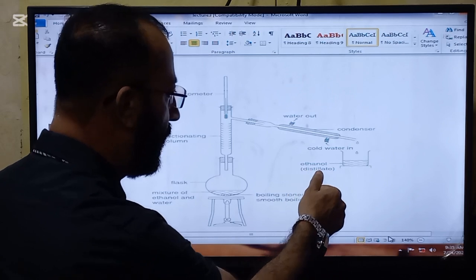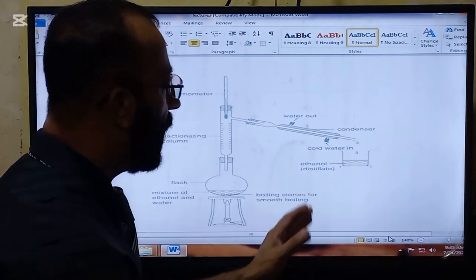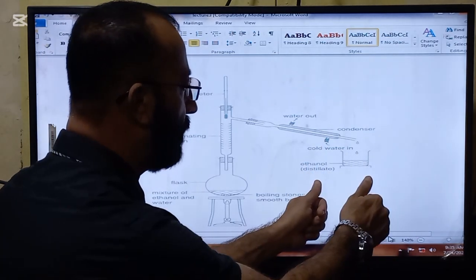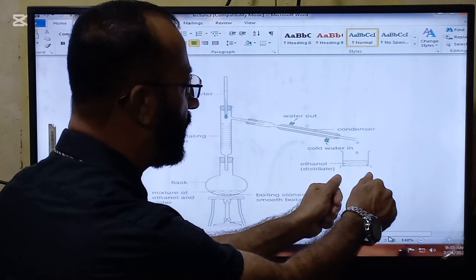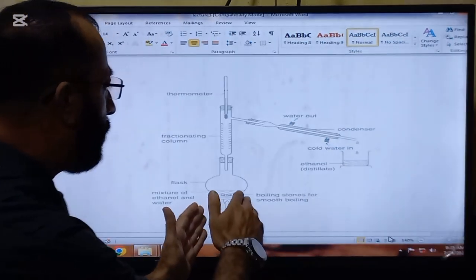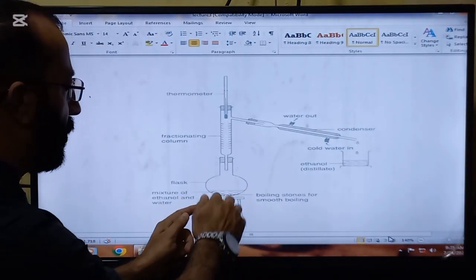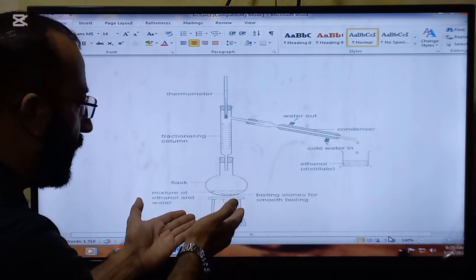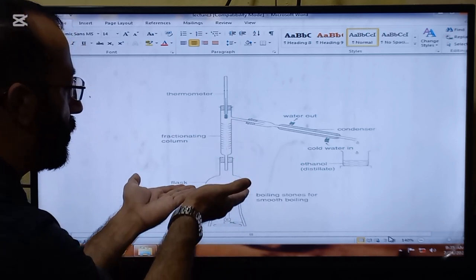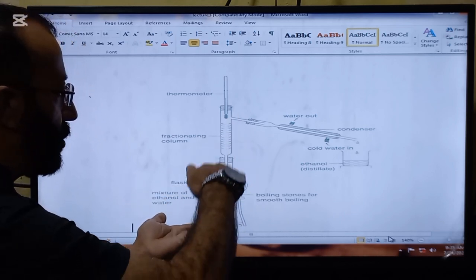So look now, ethanol has distilled here, and now you will replace the collecting vessel and an empty collecting vessel will be put here. So when all the vapors of the ethanol have evaporated, then the temperature will again go on to rise.